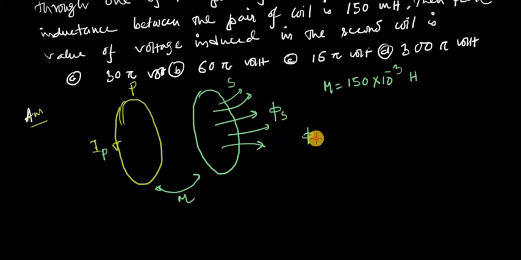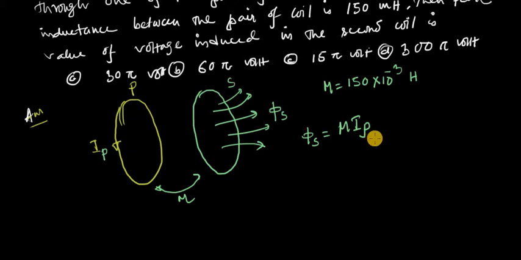According to the definition of mutual induction, that phi s is due to the current in the primary coil, so phi s can be written as M into I primary. So phi s is equal to M into IP.